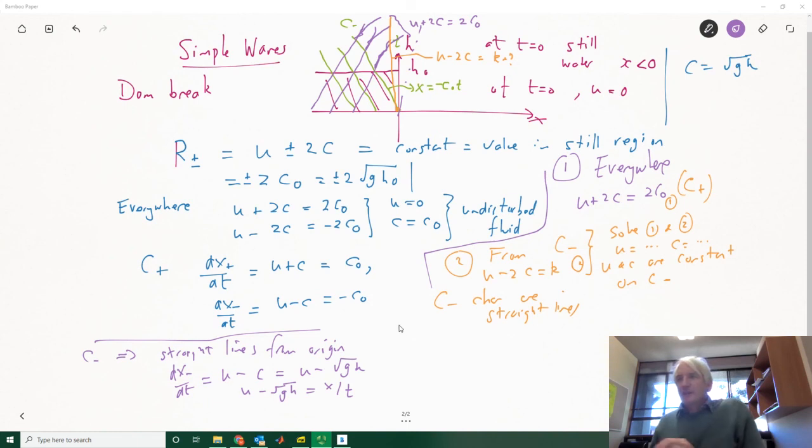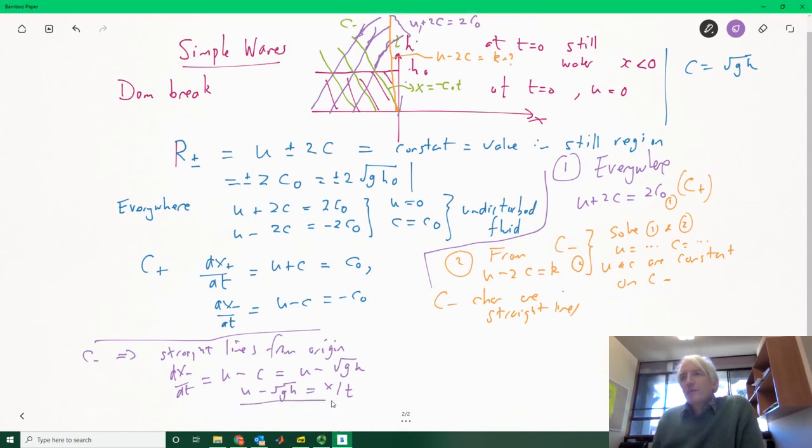Okay, so I've gone on for ages. It's hard to know when to stop here. This is quite a brutal lecture. I've certainly run out of space as well. But we've got u minus the square root of gh equals x over t. That's one equation. And we also know that everywhere u plus 2c, which is 2 times the square root of gh, equals 2 times the square root of gh naught.